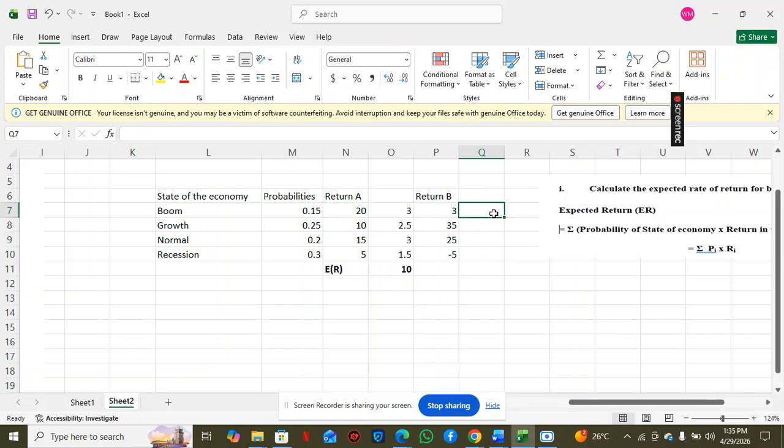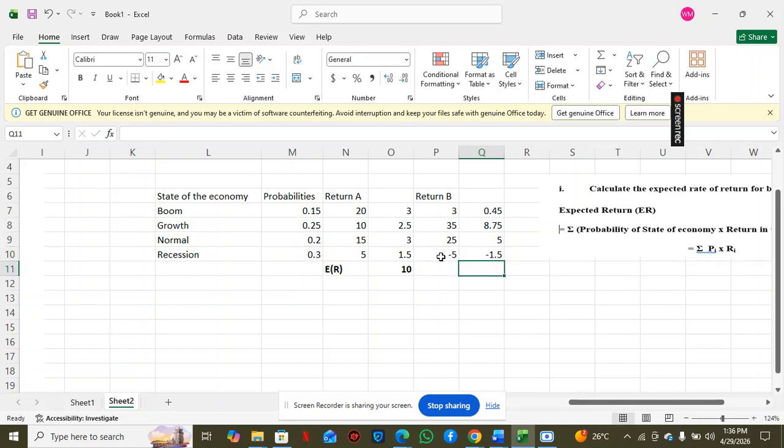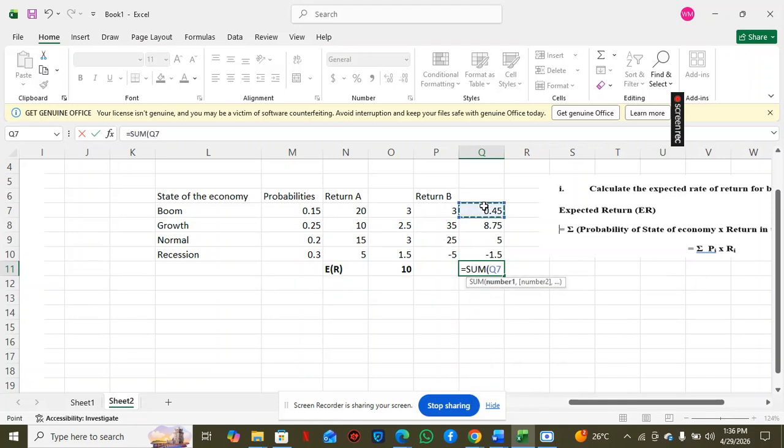Company B, the probability multiplied by the return. Probability again multiplied by return. 0.25 times 35%. 0.2 multiplied by 25%. 0.3 multiplied by negative 5%. Then you total up: 12.7%.